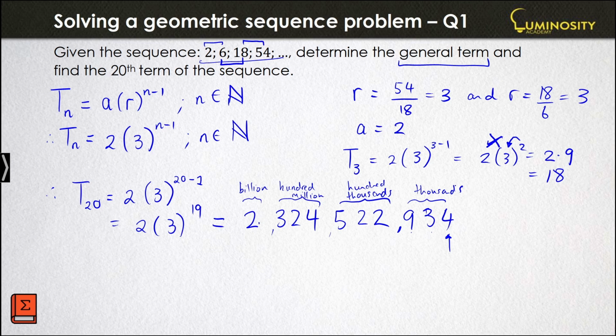If you look at the general term of the geometric sequence, it looks quite familiar to us. There's an exponent here, so that means this term is growing at an exponential rate. That is why it is growing so fast, or sometimes growing slowly, depending on the value of r.